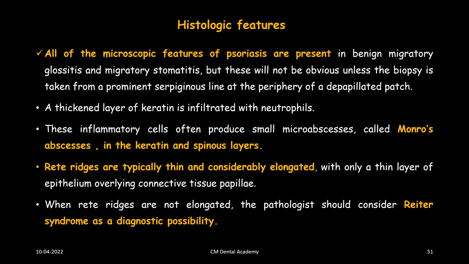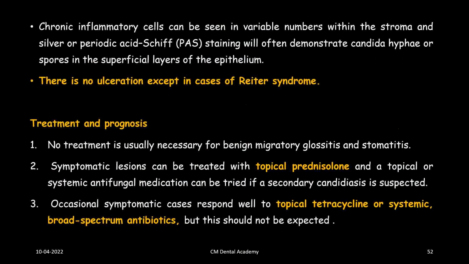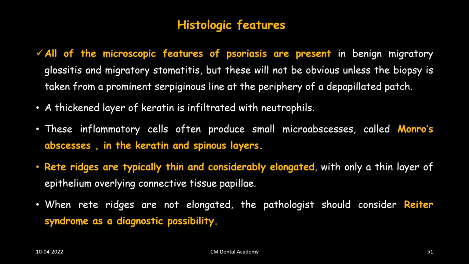All of the microscopic features of psoriasis are present in this condition, but these will not be obvious unless the biopsy is performed from the prominent serpiginous line at the periphery of the depapillated patch. A thickened layer of keratin is infiltrated with neutrophils.